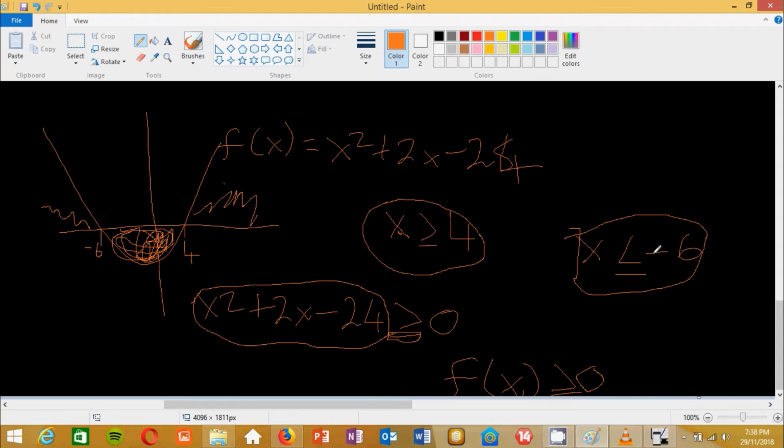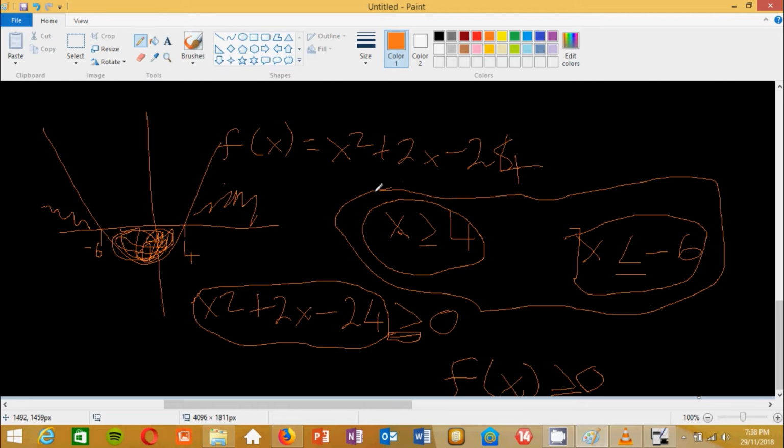But if x is less than -6, we are going to this side, and as we go this side, our y-coordinates are constantly greater than 0. So f of x will always be greater than 0. So these are the two solutions to this quadratic inequality.